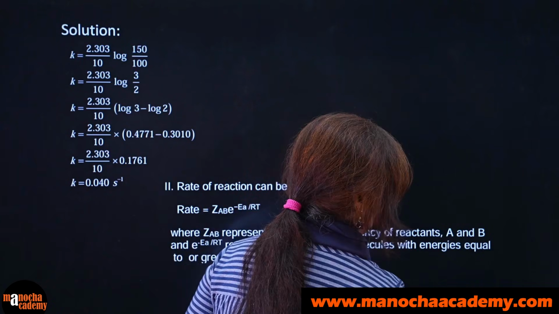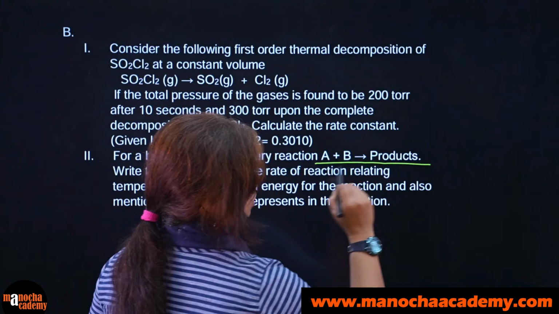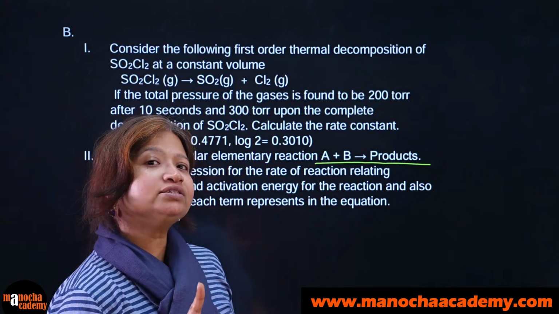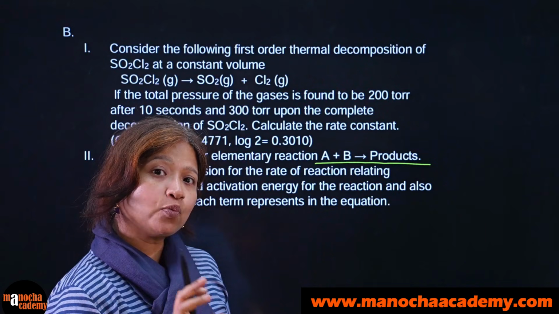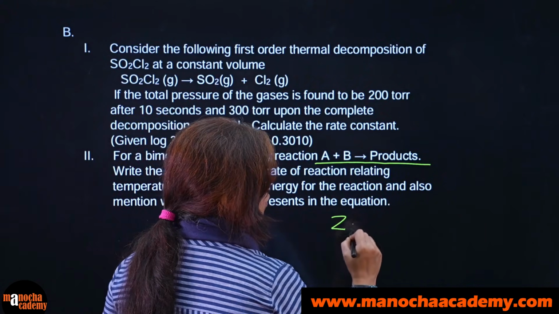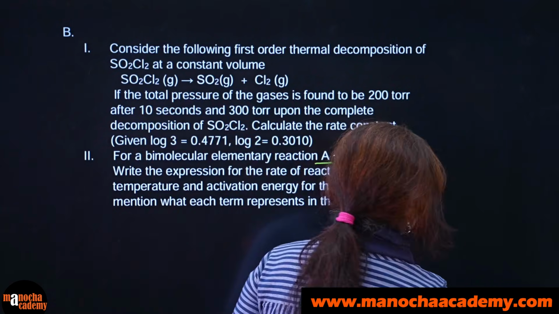Look at the question again. Here A plus B giving product. So they have not only considered the Arrhenius constant, they have also considered the Arrhenius equation along with the collision frequency concept, where we use the collision frequency between A and B. So the answer is this.